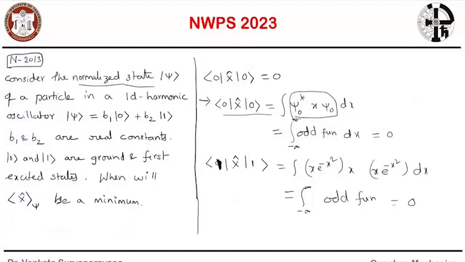Okay. Now let me just do it one more way. If you have a simple harmonic oscillator, the ground state looks something like this, symmetric with respect to 0. This is the ground state, right?